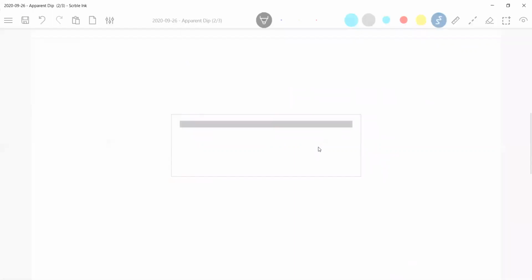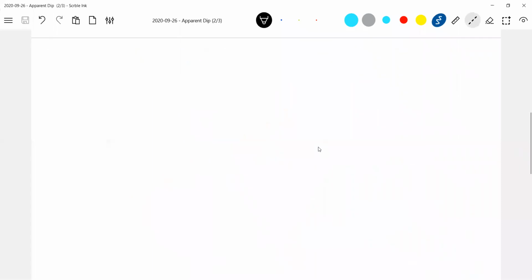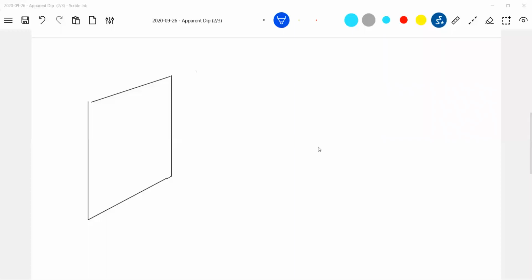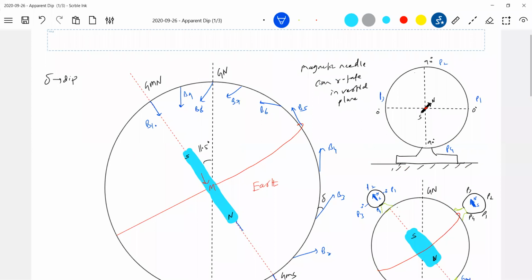First, I should look at the magnetic meridian. So first the geographic, this is the magnetic meridian. Then here, this is P2, no?